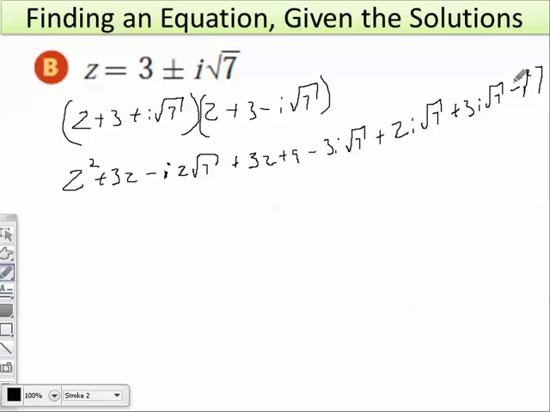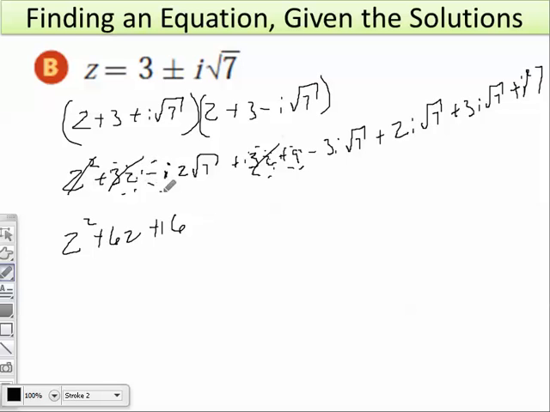Well, the negative i squared is going to become a positive 7 there. Okay? So let's look at what we've got. I'm going to collect my z terms here. I've got a 3z, I've got a 3z, so that's 6z. So I got z squared plus 6z, and I'm going to mark off the ones that I'm adding together already. Okay, I've got a 9 right there, and I've got a 7 out here at the end, so plus 16.